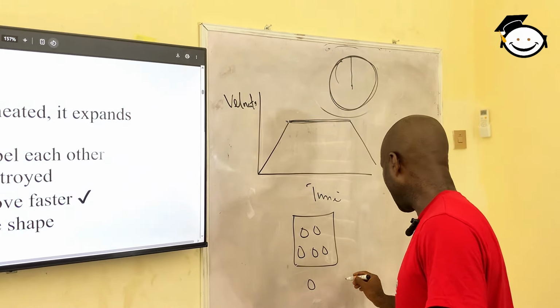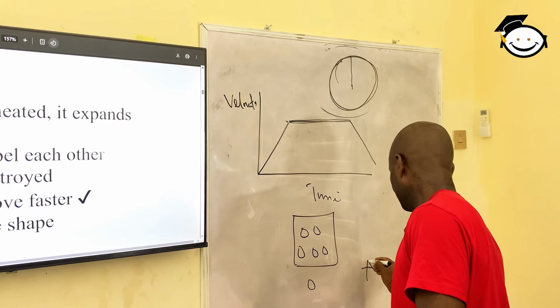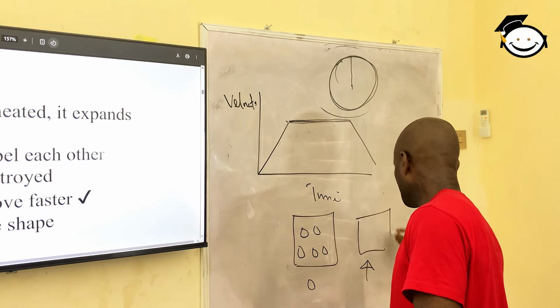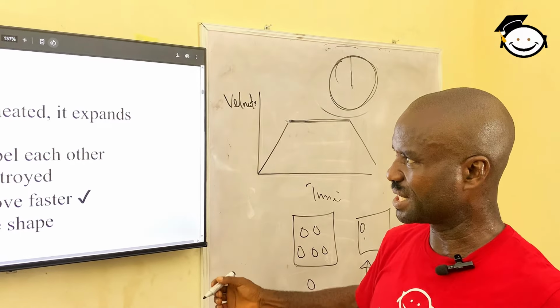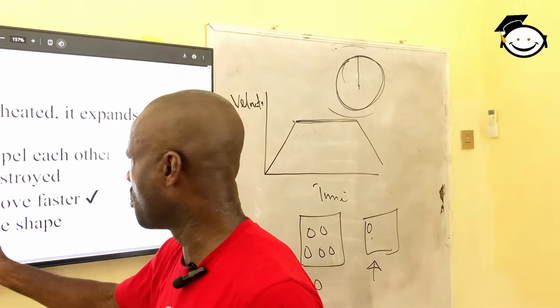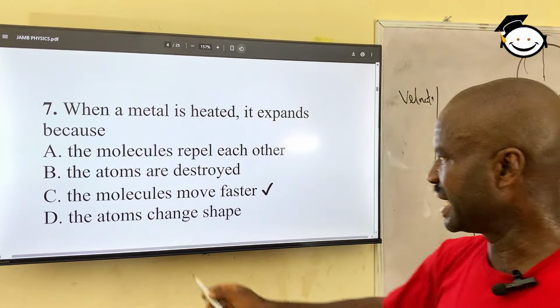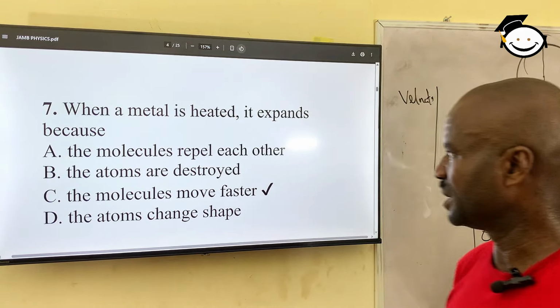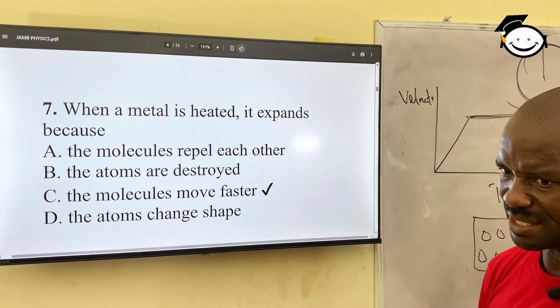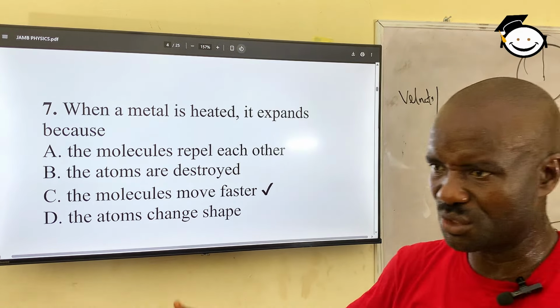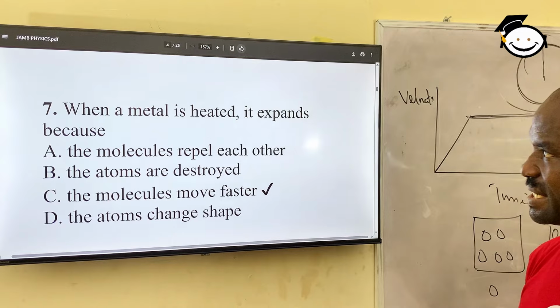But by the time you apply heat, these molecules begin to move about their mean position, thereby causing expansion. D, the atoms change shape. The correct answer is C. When you apply heat, the molecules move faster, and as they move faster, they begin to expand.